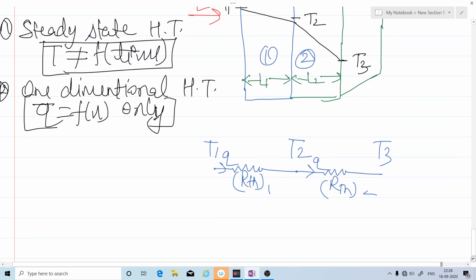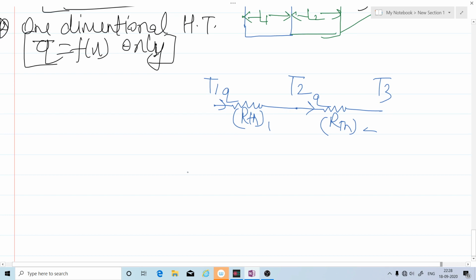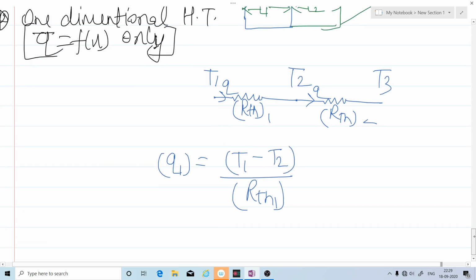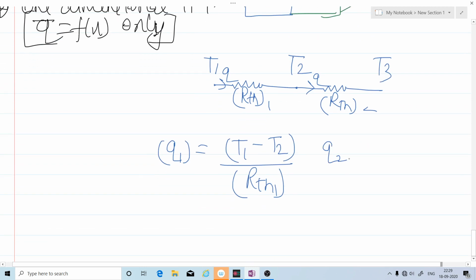Now if we want to calculate the heat transfer through the first slab, we can simply write it as T1 minus T2 divided by thermal resistance 1. And similarly, if we want to calculate the heat transfer through the second slab Q2, it will be T2 minus T3 divided by thermal conduction resistance 2.